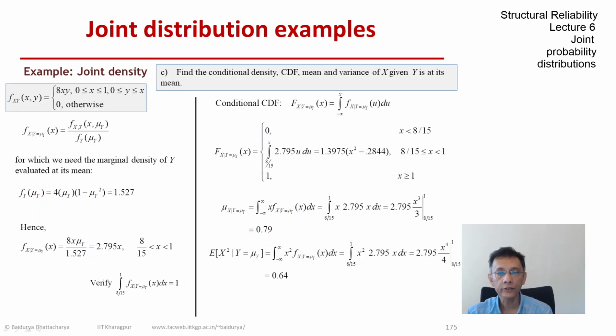So first we find E of x squared given y, and then express the variance as E[X squared] minus the square of E[X], both conditioned on y equal to its mean, and that number comes to 0.018.